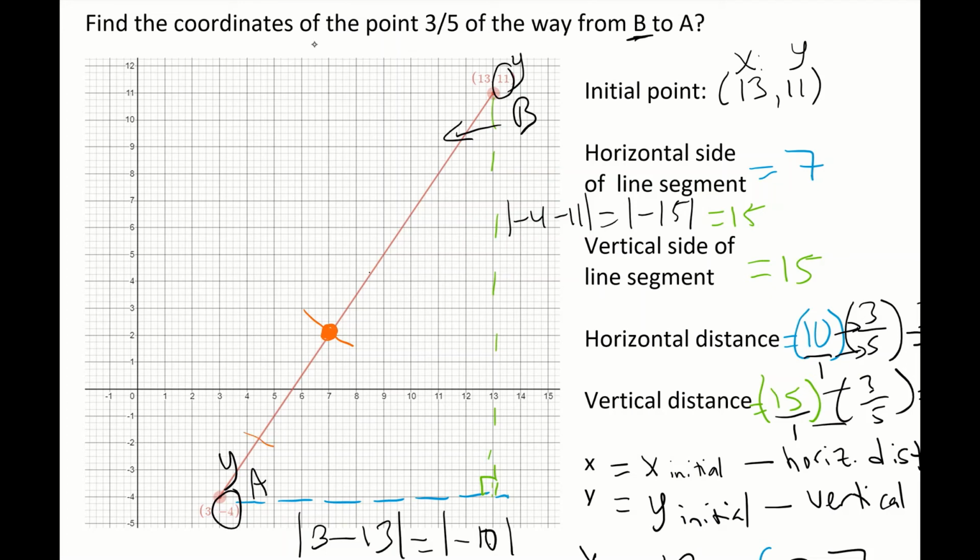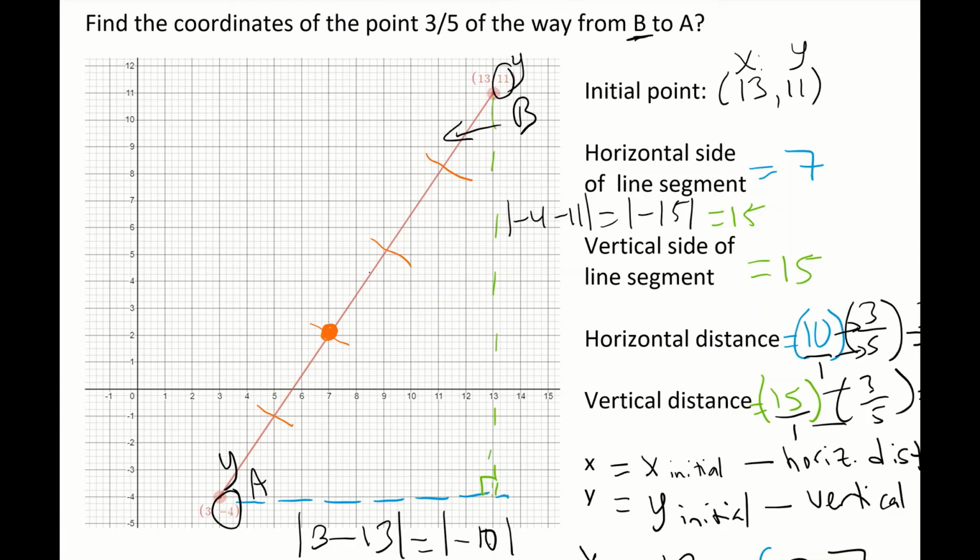We have 1, 2, 3. Let's see, 1, 2, 3, 4. I'll try to do this the best I can. This is not very good. Okay, 1, 2, 3, 4, right here.